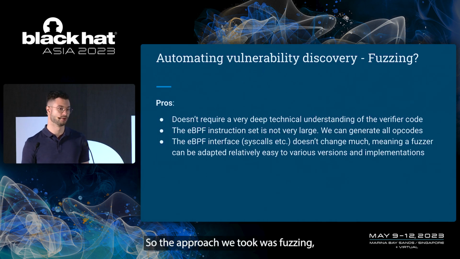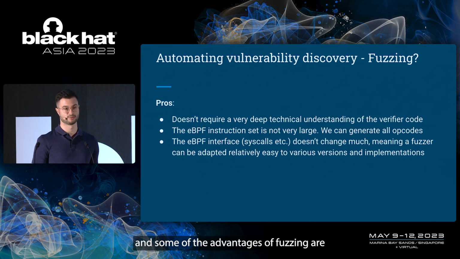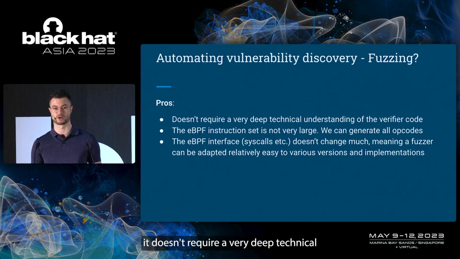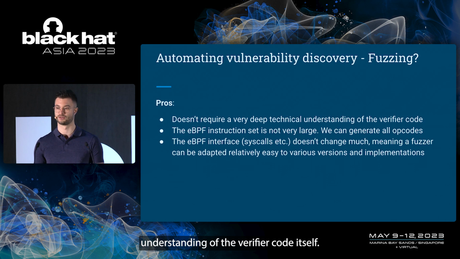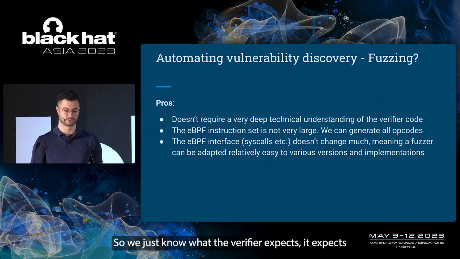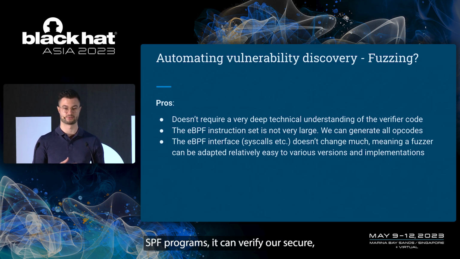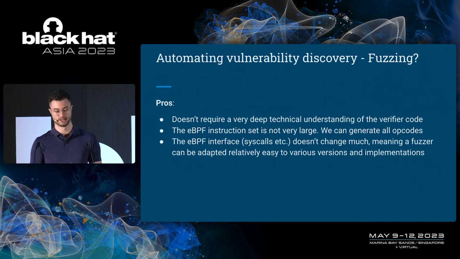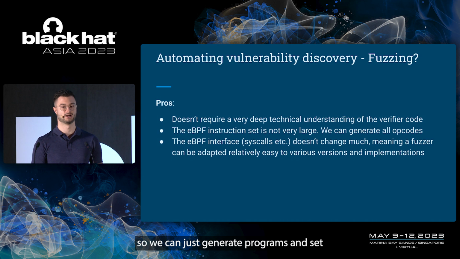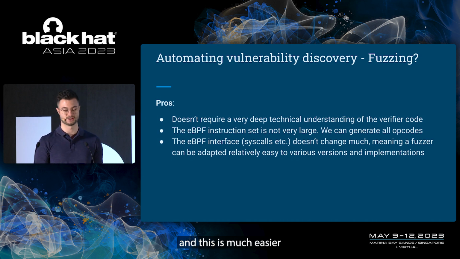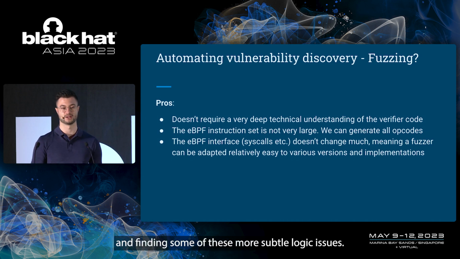So the approach we took was fuzzing, and one of the advantages of fuzzing is that it doesn't require a very deep technical understanding of the verifier code itself. We just know what the verifier expects: eBPF programs it can verify are secure. So we can just generate programs instead, and this is much easier than actually reading the verifier code and finding some of these more subtle logic issues.